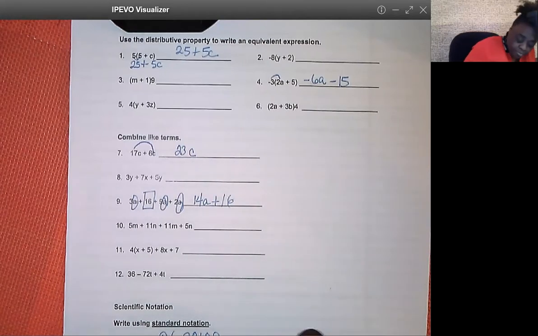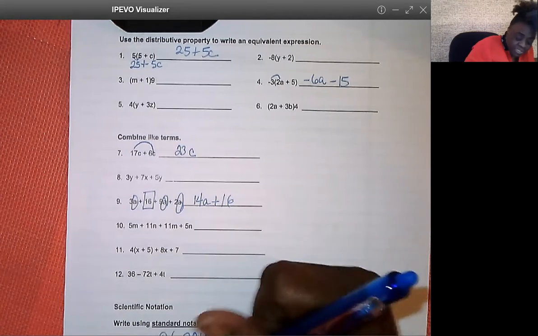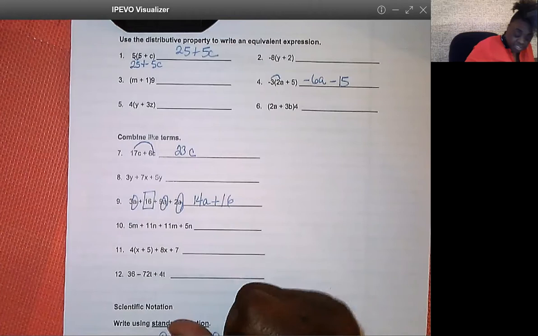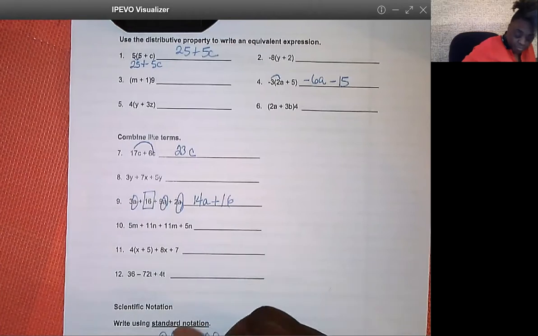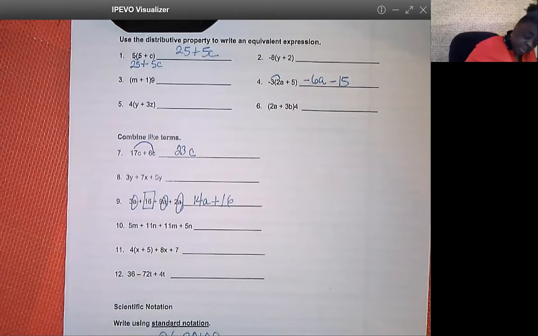So you have 7, 6, 1. This is your number that's giving you between 1 and 10. And then you want to make sure that you have 5 spaces until your decimal. So you have 1, 2, 3, 4, 5, and then your decimal point. And in these spaces, you place the 0.